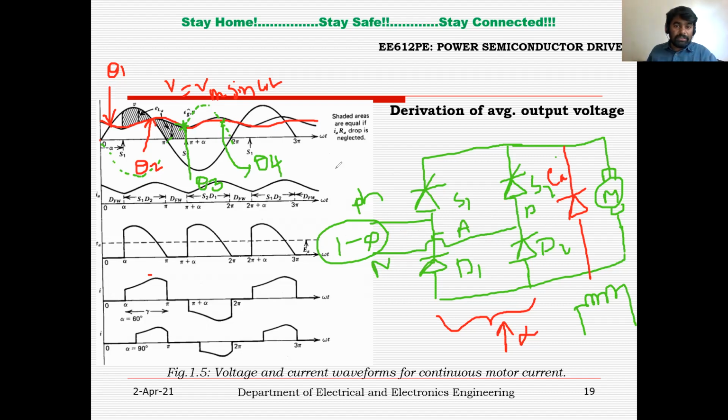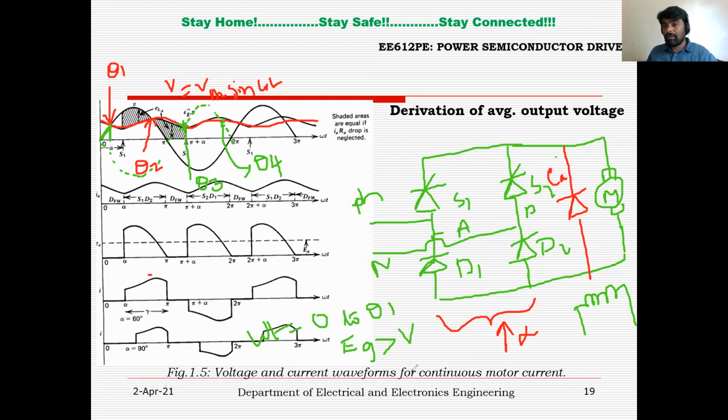Now if you see the waveforms between omega t equal to 0 and theta1, this point I'm talking about, the input instantaneous voltage is less when compared to the battery voltage. That means the battery voltage is more than the input voltage, right?